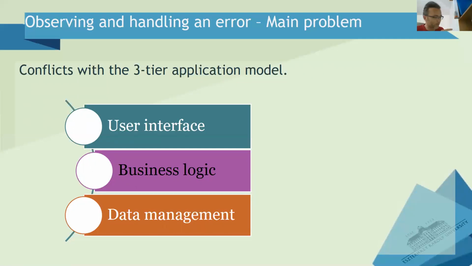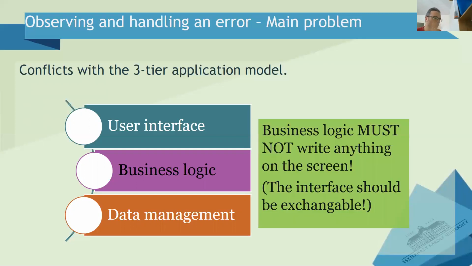And the topmost layer is called the user interface. I only have 1 minute, so soon I will disconnect. So user interface, you know what it means. You want to display something on the screen. What is important is that you, who work on the business logic, should not display anything on the screen directly, because the user interface can be exchanged.